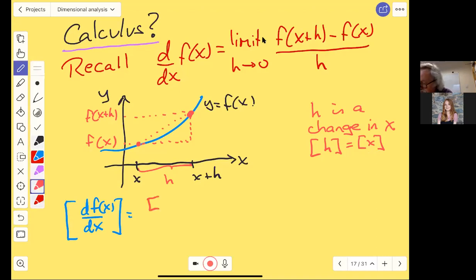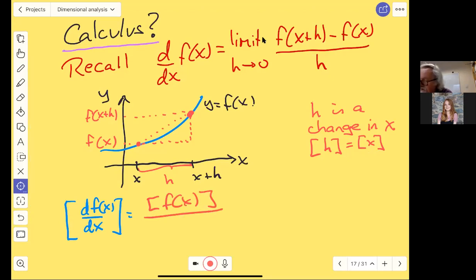So we're going to get the dimensions of our function. And then we're just looking now at our definition. This is the change in the function's value. It must have the same dimension as the function. And the change in x, which is h, must have the same dimension as x.